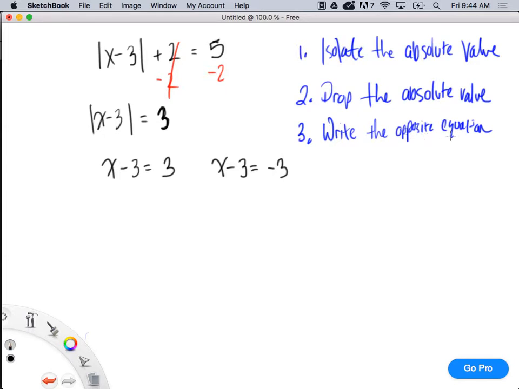So write the opposite equation. And then the fourth step is solve.